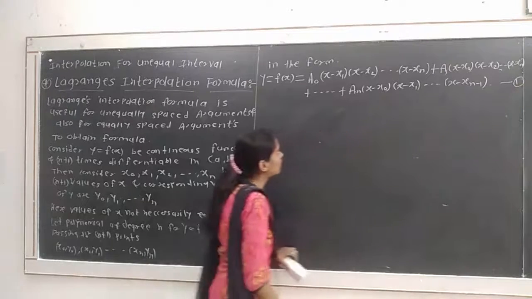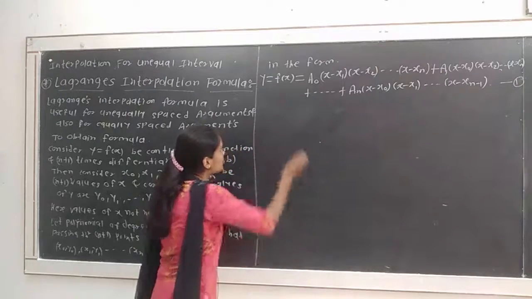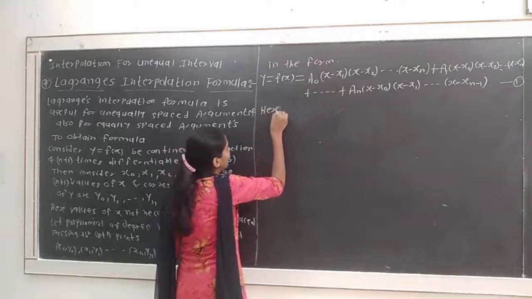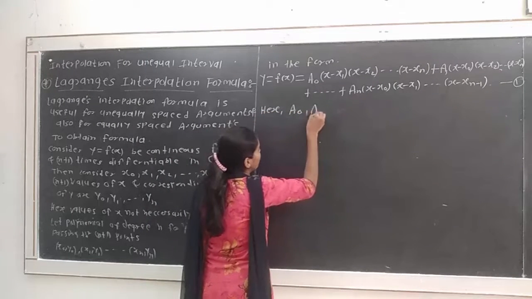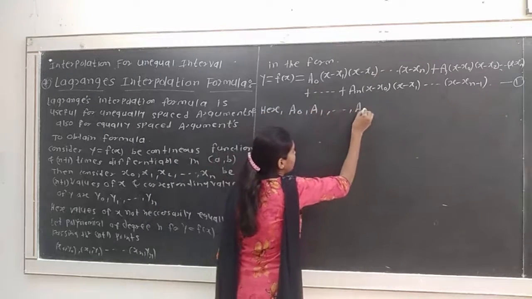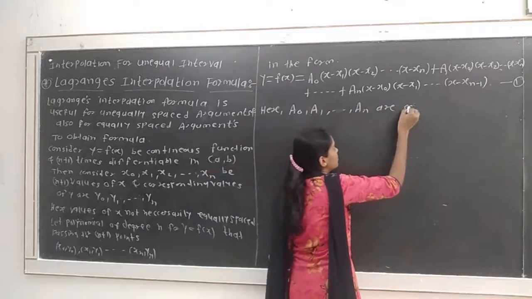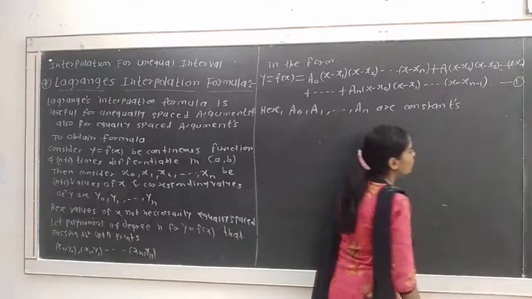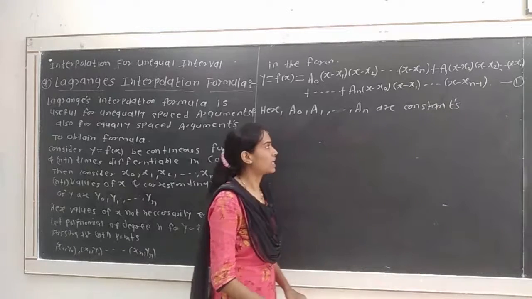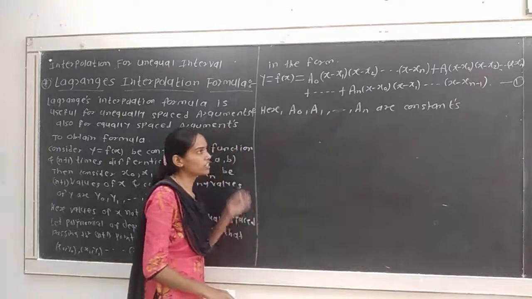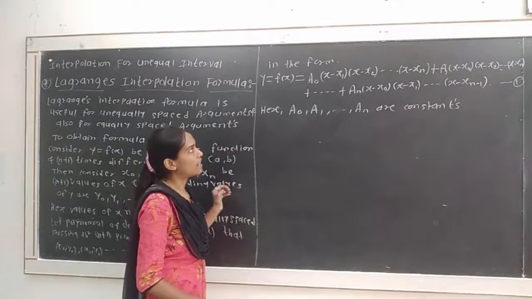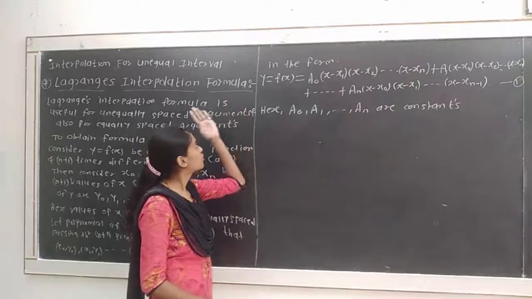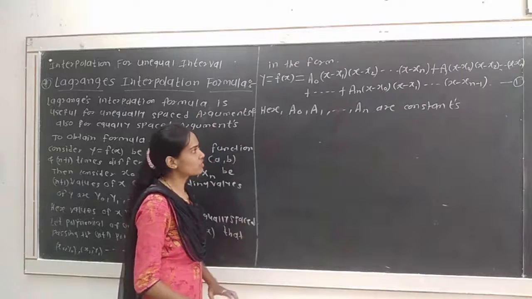Here A0, A1 up to An are the constants, the unknowns that we have to determine. If we determine these unknowns and put their values here, we get Lagrange's interpolation formula.